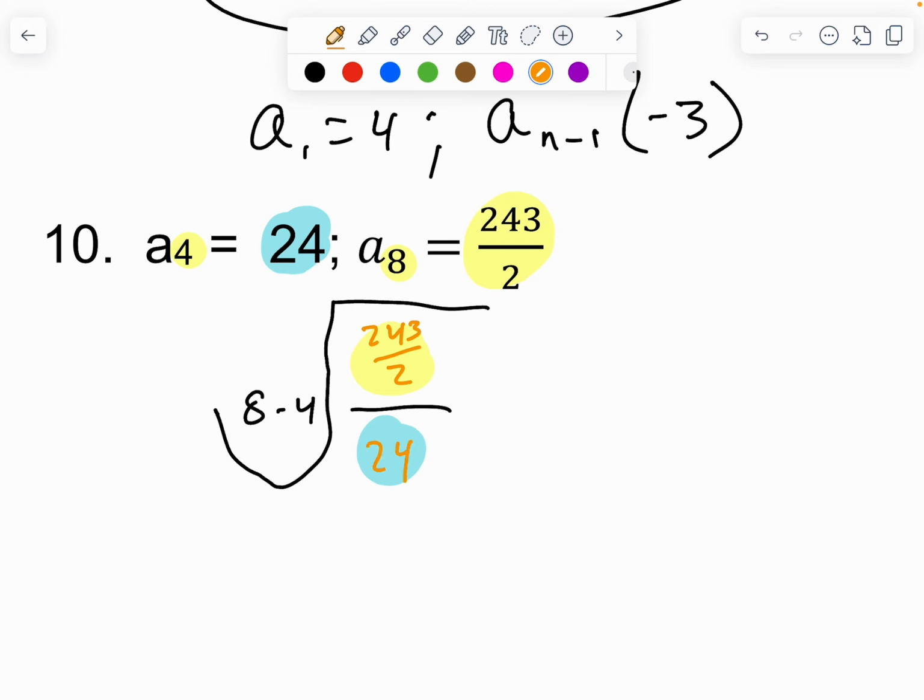Now this looks crazy, so I'm just going to work this out. 243 over 2 divided by 24.